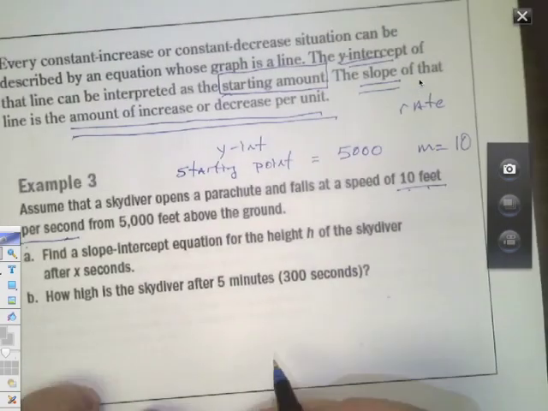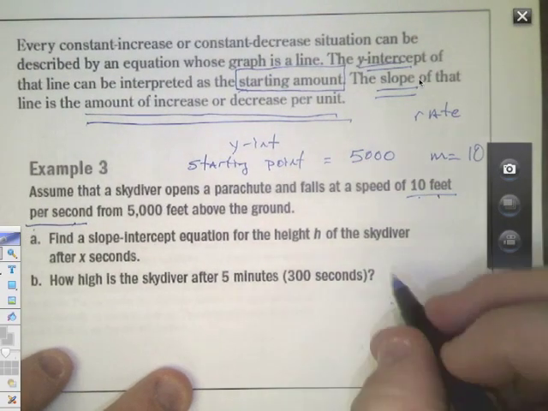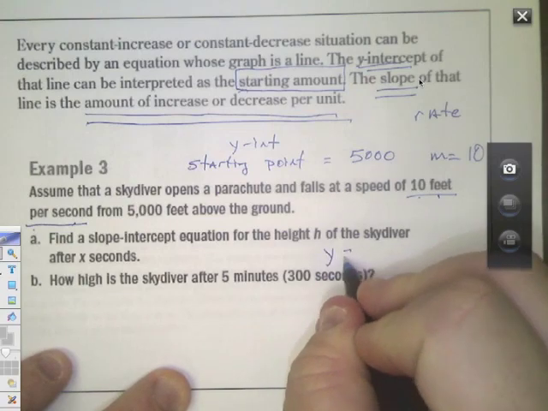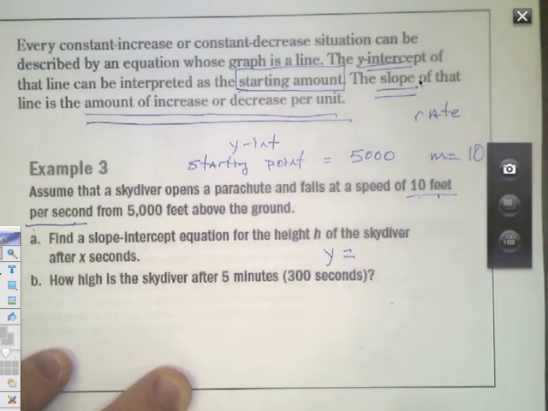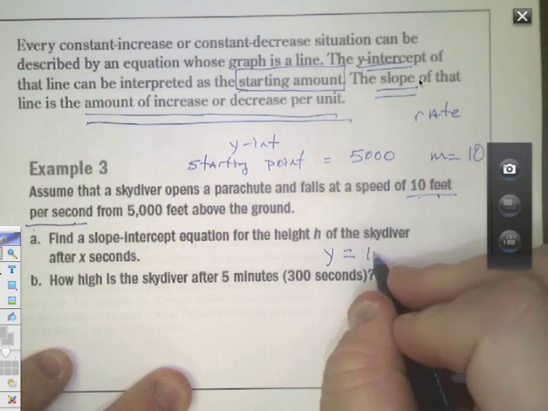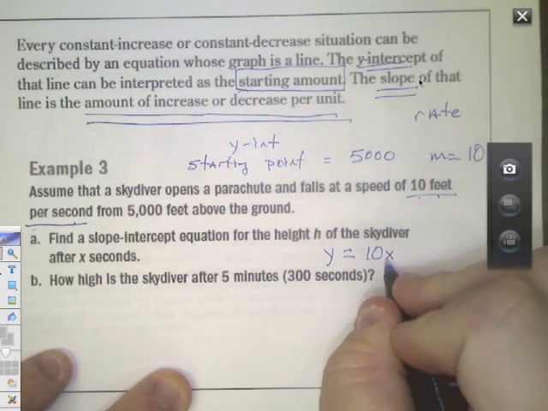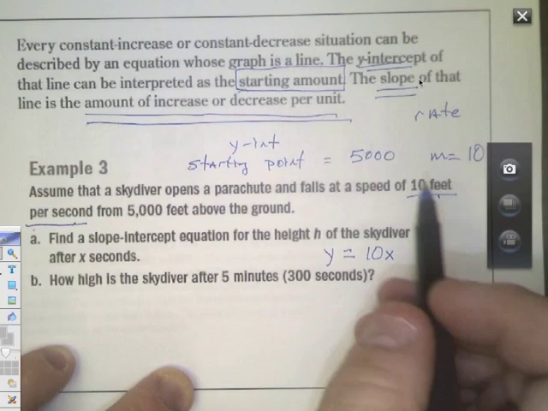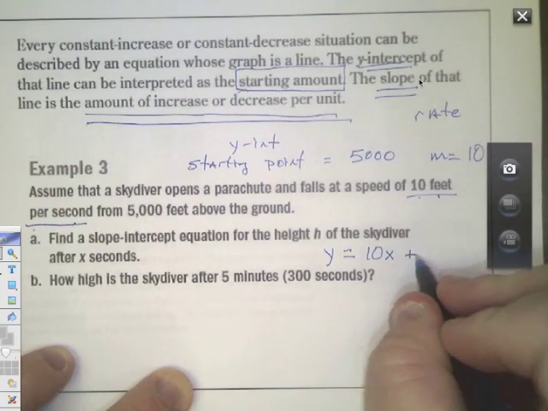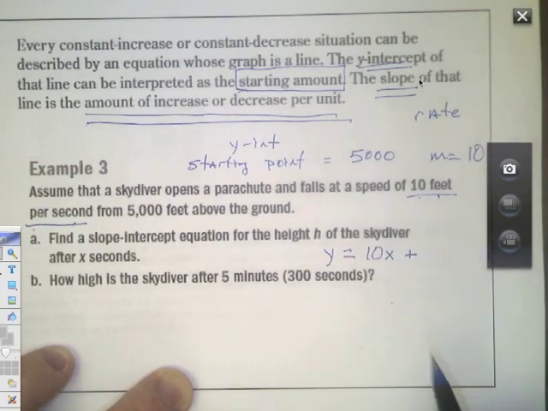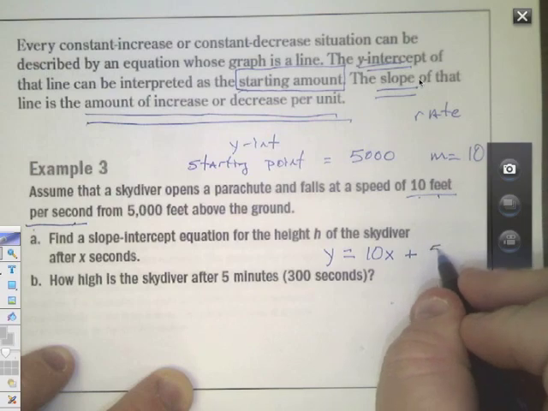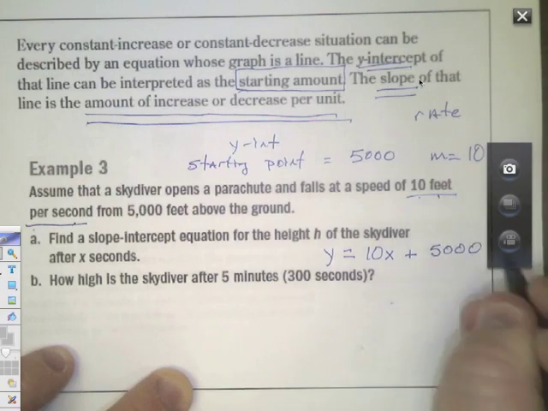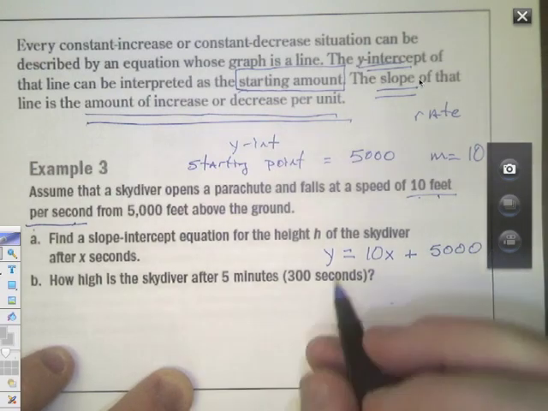A says, find a slope-intercept equation for the height h of the skydiver after x seconds. So my equation for this is going to be y equals slope, which is 10, x, because we don't know how many seconds it takes, plus my y-intercept.